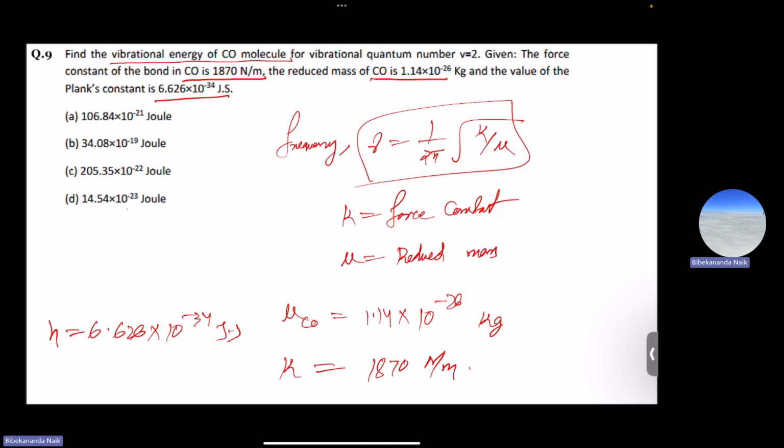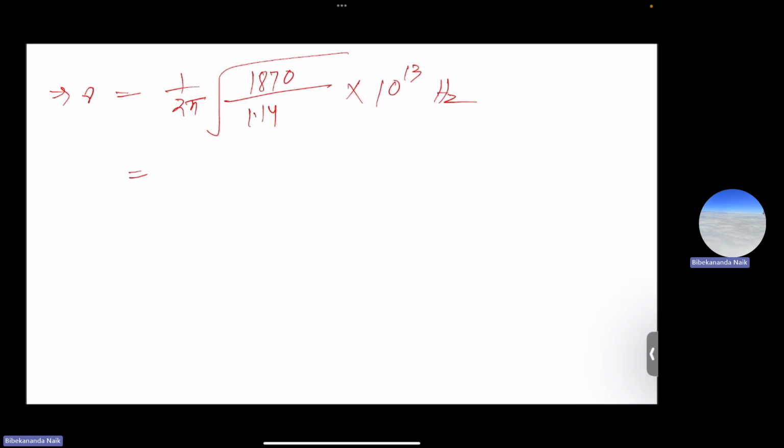Because this minus 26 goes to the numerator and the square root makes it 13. It is 40 divided by 2 pi into 10 to the power 13. It will be 6.45 into 10 to the power 13 hertz.